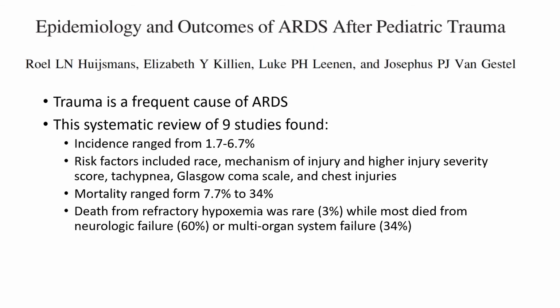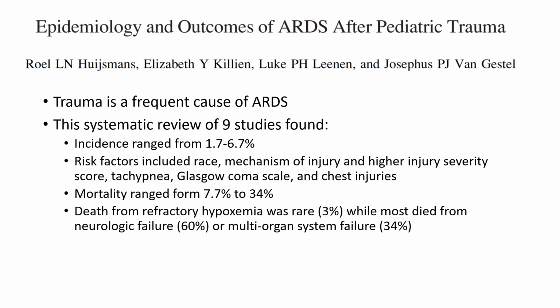And our first systematic review is epidemiology and outcomes of ARDS after pediatric trauma. What we know is that trauma is a frequent cause of ARDS. In this systematic review of 9 studies, they found that the incidence of ARDS after trauma was 1.7 to 6.7%.